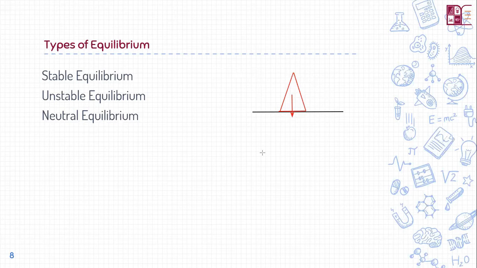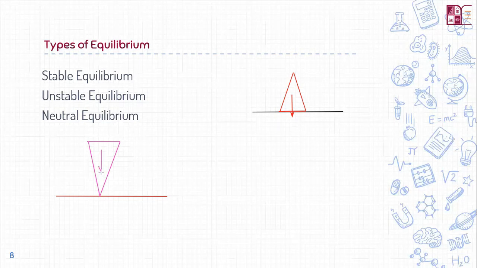But if you're looking at unstable equilibriums, let's just say this is our base now, and we make an unstable equilibrium. When we topple this, the center of gravity is much higher on this object as compared to the stable one.